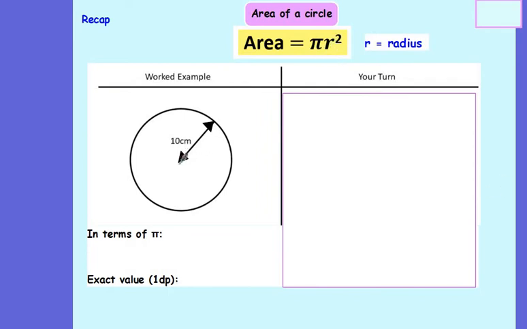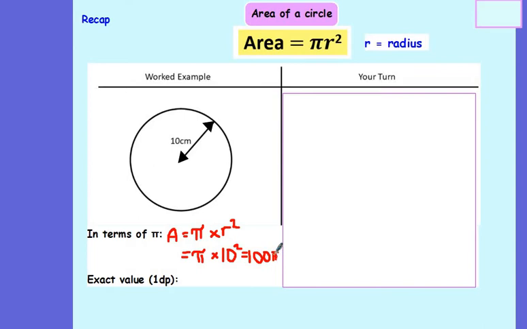So if I was given this circle, where the radius is 10, and I was asked to find the area, I know the area is equal to pi times the radius squared. In this case, the radius is 10, so I've got pi times 10 squared, which in terms of pi is just 100 pi.